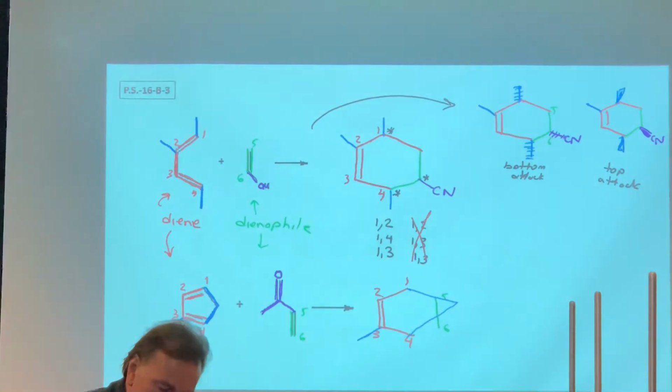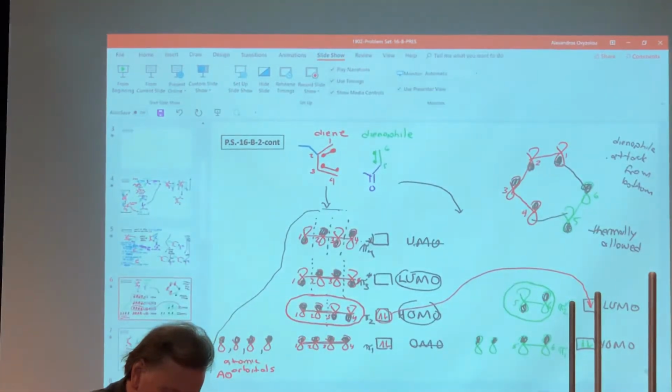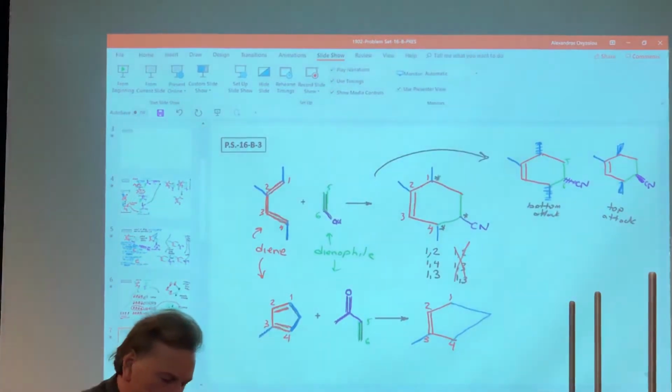And let's clean it up a little bit here. So for this, when you have a cyclic system, it's really hard not to do the structure. Okay, let's see. You see, that's the problem. Okay, and all right.